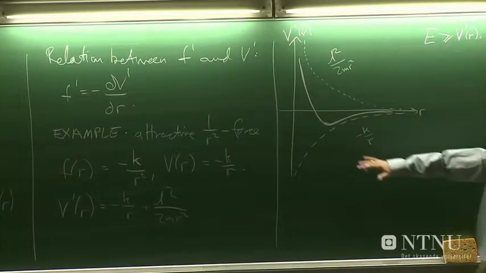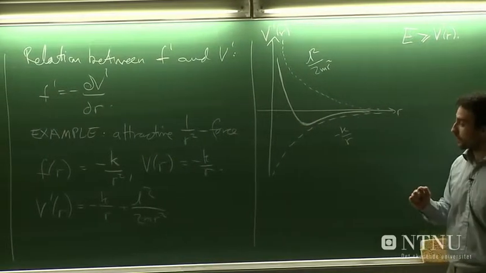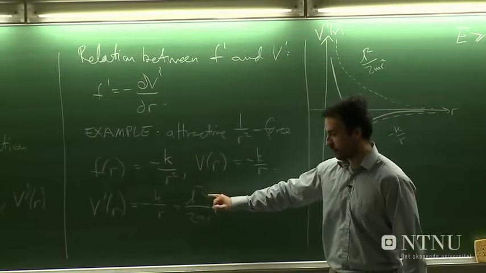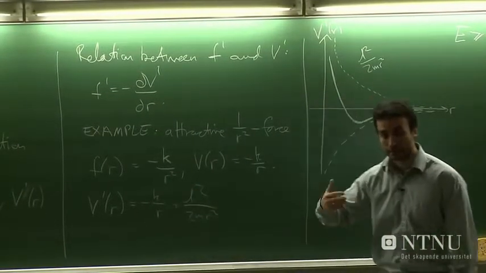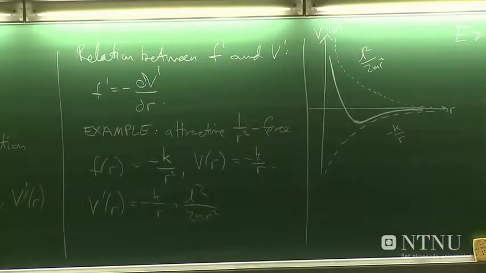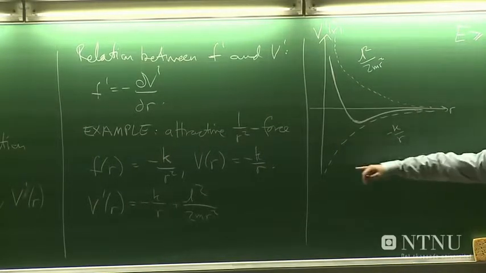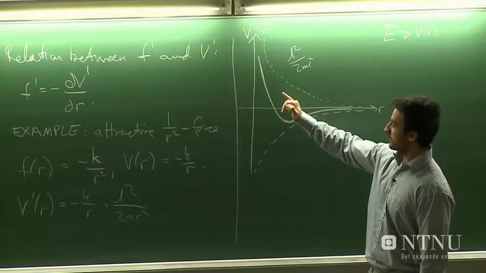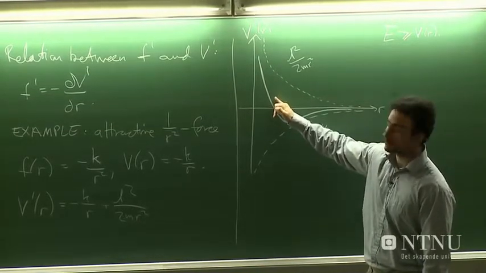And how come we can conclude that it has this form? Well, we stated that this term would actually diverge faster as we approach 0 compared to this one. So as we go towards r equals 0, V prime should be dominated by this term.